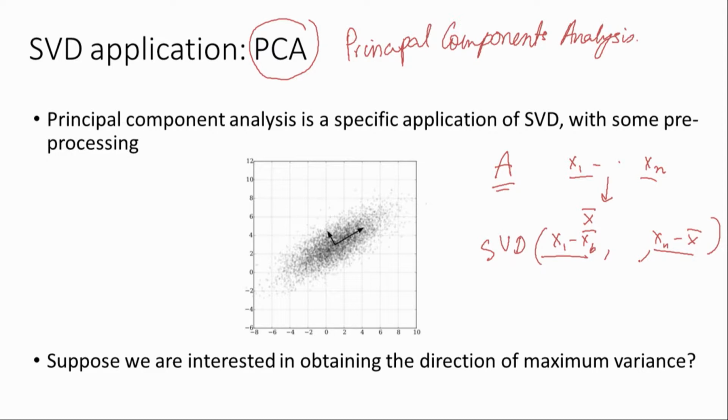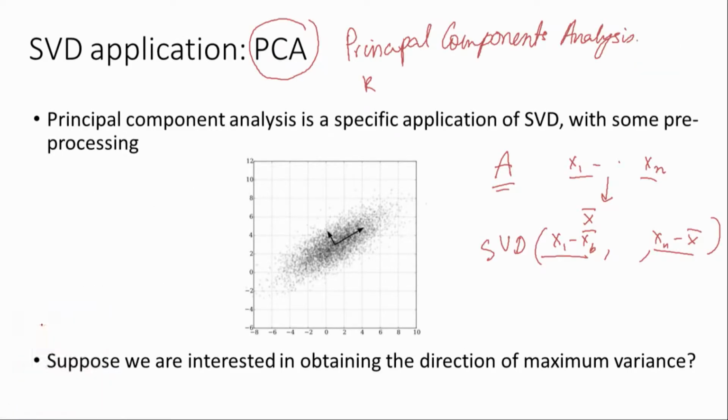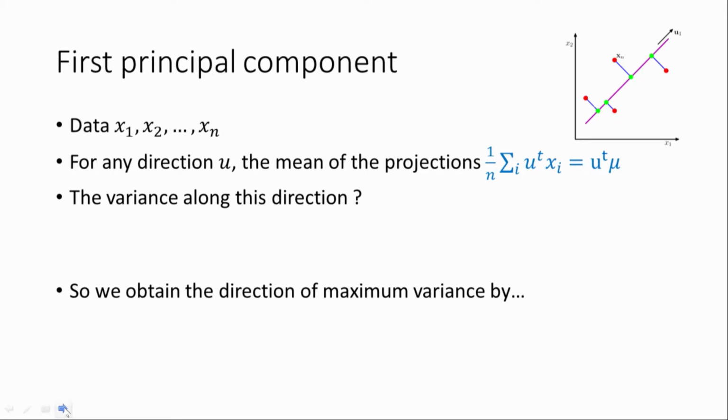When we talk about the k principal components of the data, we are doing nothing but taking the top k singular vectors of the matrix that contains x1 minus x bar through xn minus x bar in the rows. If you put the points in the rows, you want the right singular vectors. If you put the points in the columns, you want the left singular vectors. Basically, that's it.